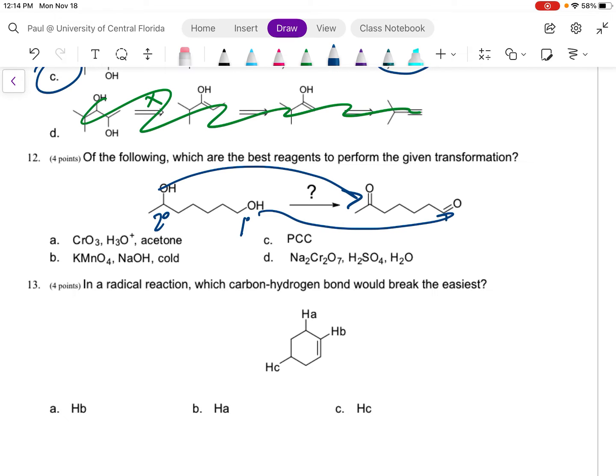And so when we take a look at these things, this reagent, that reagent, and that reagent will both go from this secondary to a ketone, but would not generate an aldehyde. You would generate a carboxylic acid. PCC is the only one that will stop a primary alcohol at the aldehyde instead of going all the way to the carboxylic acid.